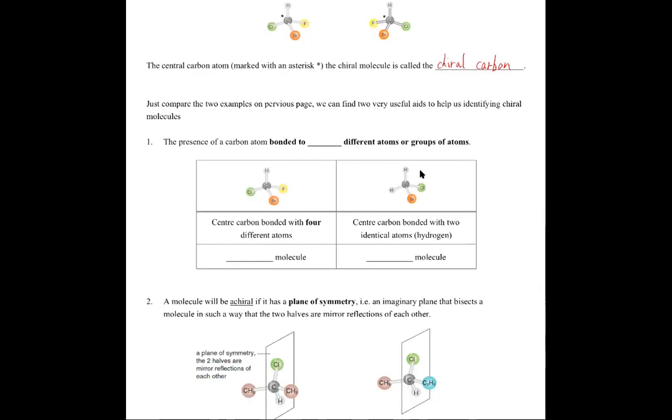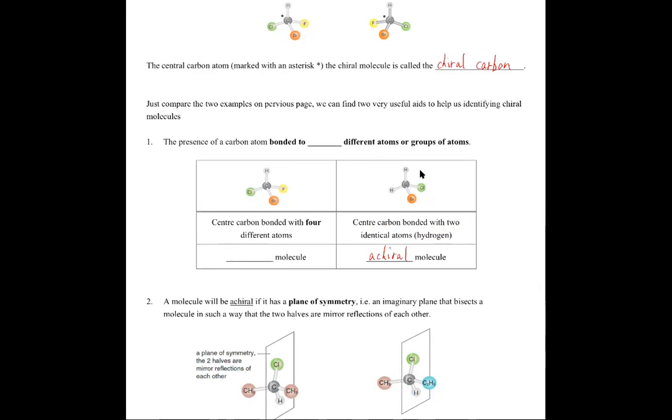So the central carbon is bonded with 2 identical atoms, which is hydrogen in this case. Those 2 hydrogen atoms make it symmetrical. Hence it's superposable to the original molecule, so it is achiral.